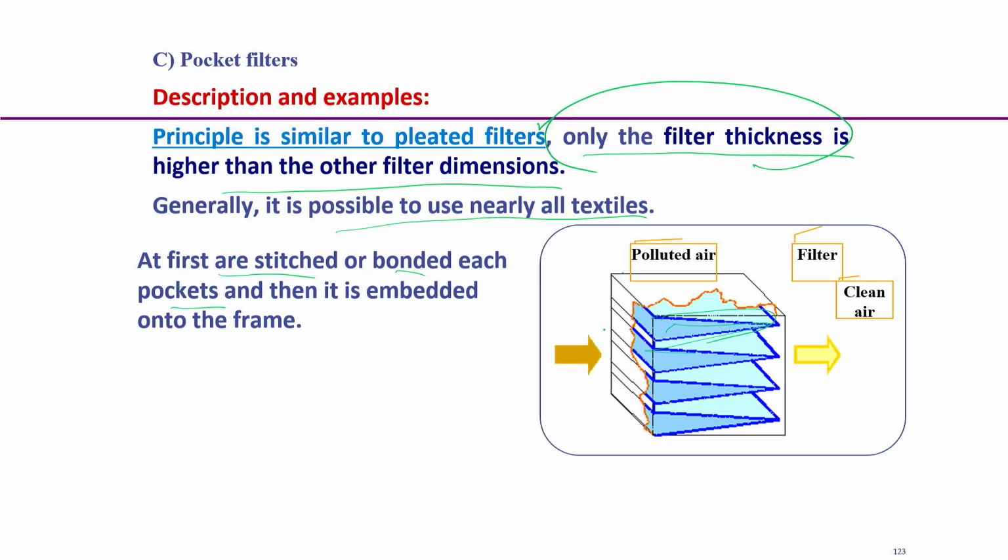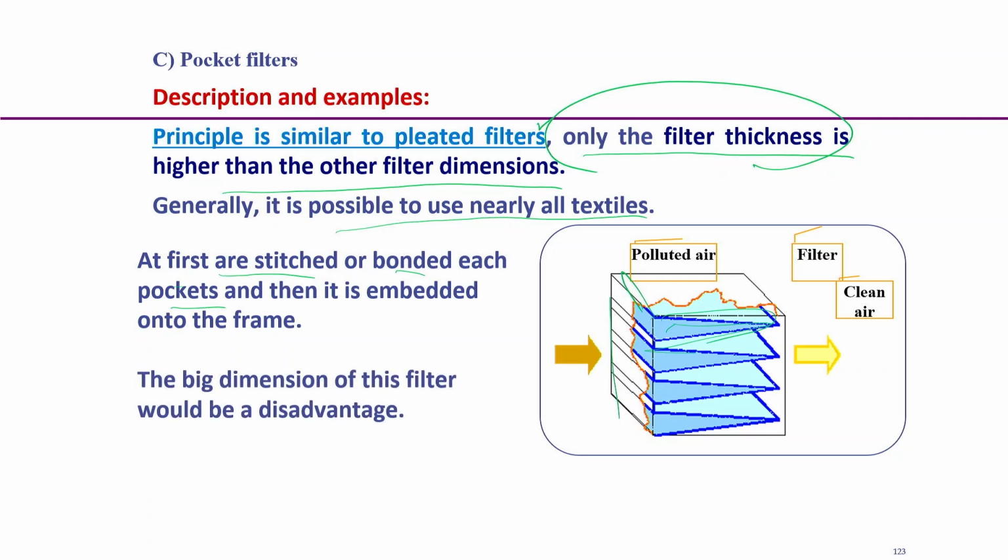First we have to stitch the fabric to form a pocket, and then we fix it on the frame, and the dimension is big. So, that is the disadvantage for a place where space is a constraint.